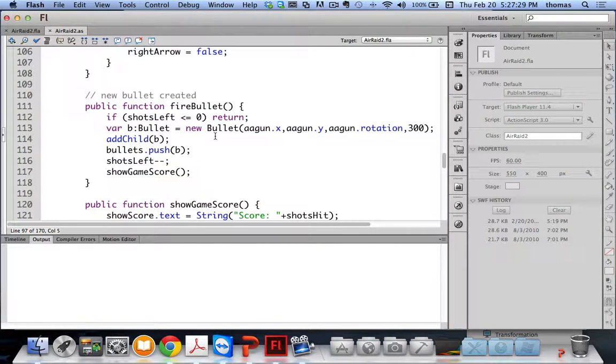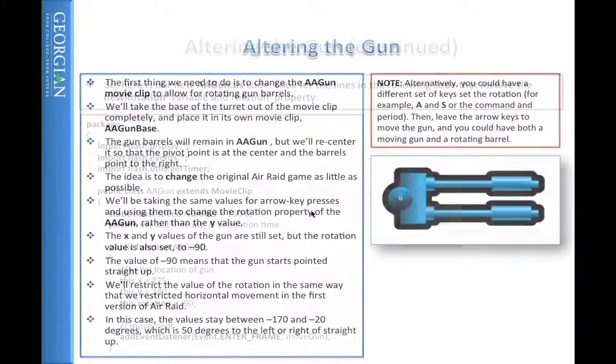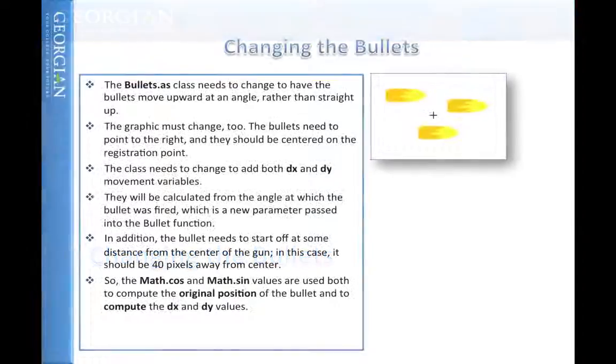So fire bullet, if you notice, this is where we create new bullets, and the bullets have that extra rotation parameter that we didn't have before. So this is kind of the only change we have in this particular thing. Otherwise, the game is exactly the same. And if you want to read it, there's all the details here in my PowerPoint. That's from a support perspective.